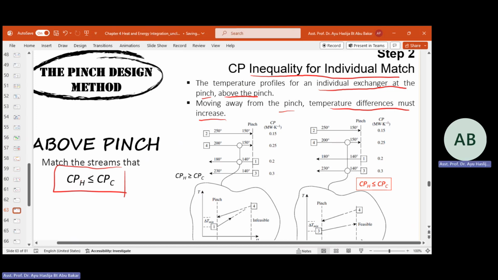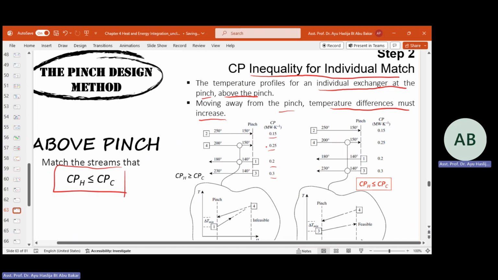Now, look at this stream above pinch. Stream 2, from 250 to 150. CP as stated earlier. CPH must be smaller than CPC.